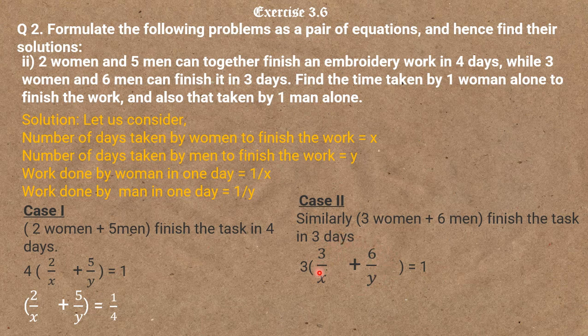Now they are doing the same work in 3 days, so we multiply by 3 and the work is complete, that is equal to 1. Again this 3 is transposed to the right hand side and becomes 1 by 3. So the second equation is 3 upon x plus 6 upon y equals 1 by 3. So we get the two equations here.